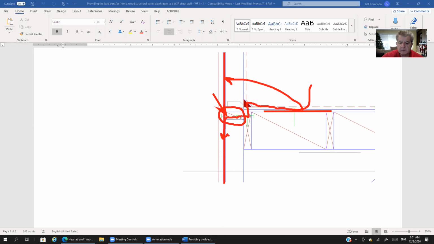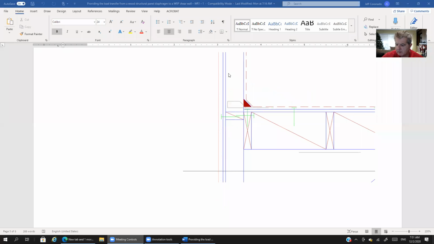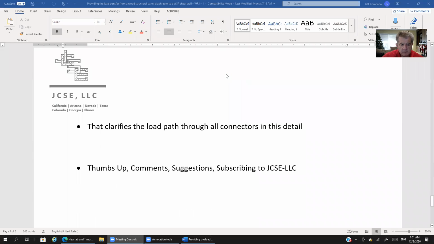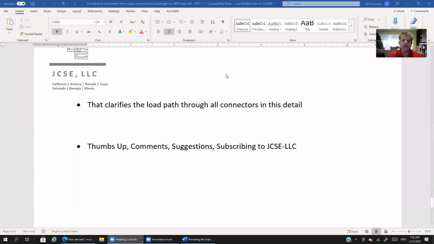And then it goes down its merry way, and how then we resist the load as it gets below is another detail. It's another session, but that's the purpose of the connectors that are in this detail. Okay, so let me clear this and let me move on here. And yeah, that basically clarifies everything. That's the load path that's present in the detail that we were just looking at. That explains all of the assemblies that we had there.